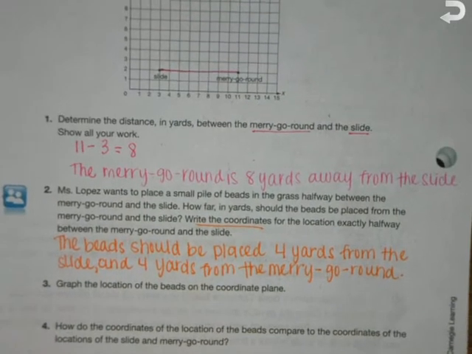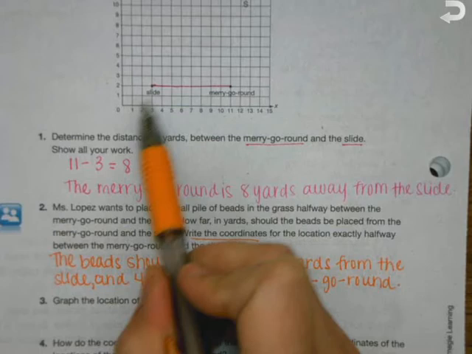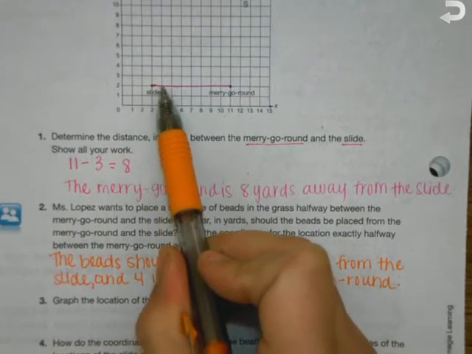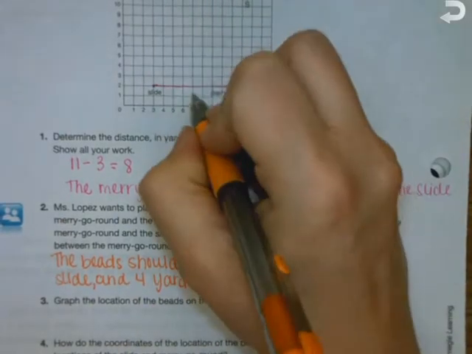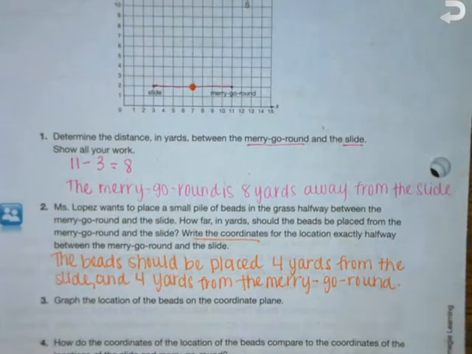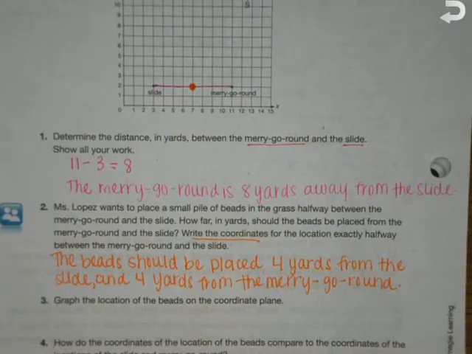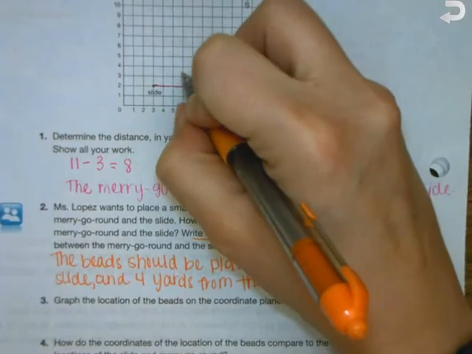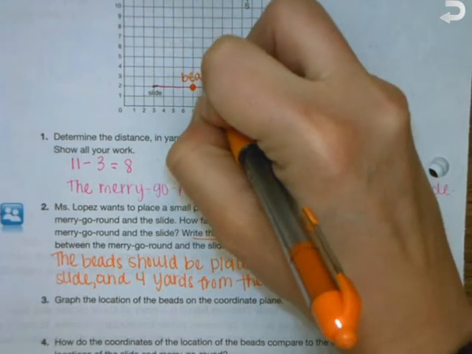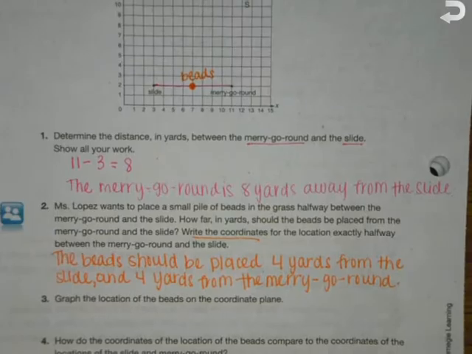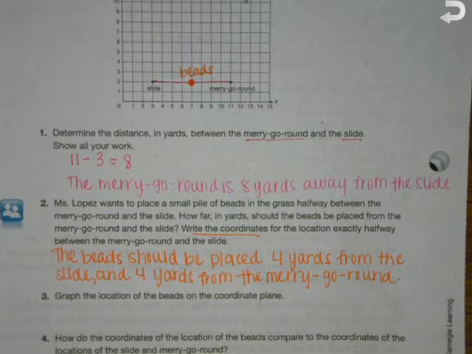Let's graph that on here. So if I am 4 yards away from the slide, that's going to be 1, 2, 3, 4. And let's label it beads. So what are those coordinates? 7, 2.